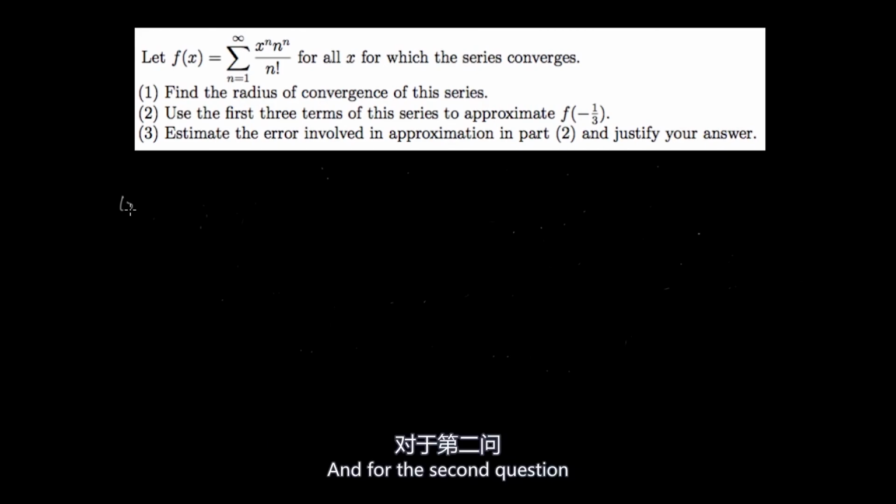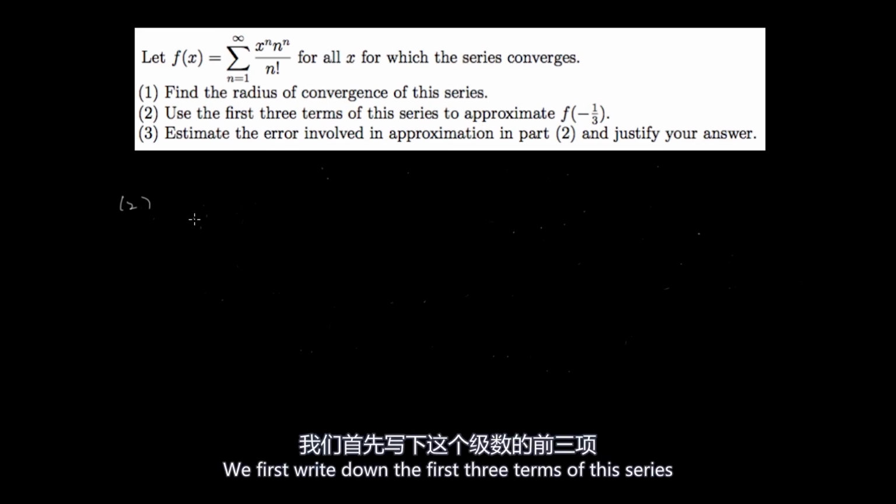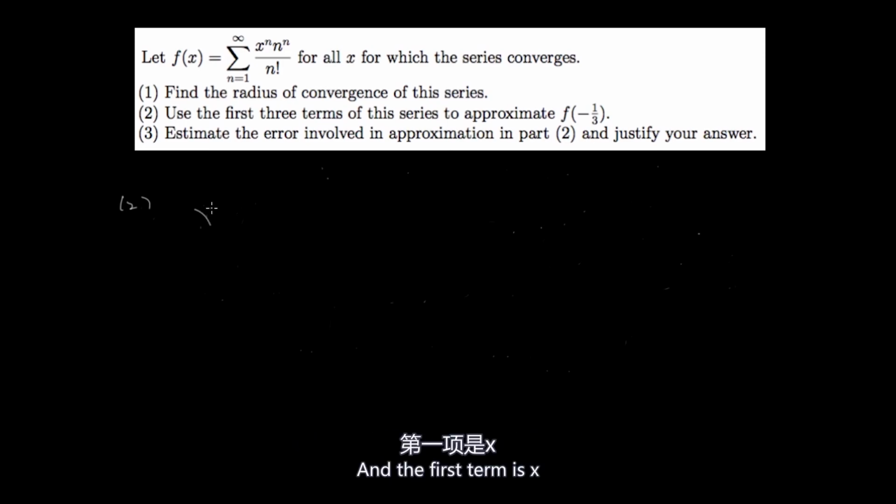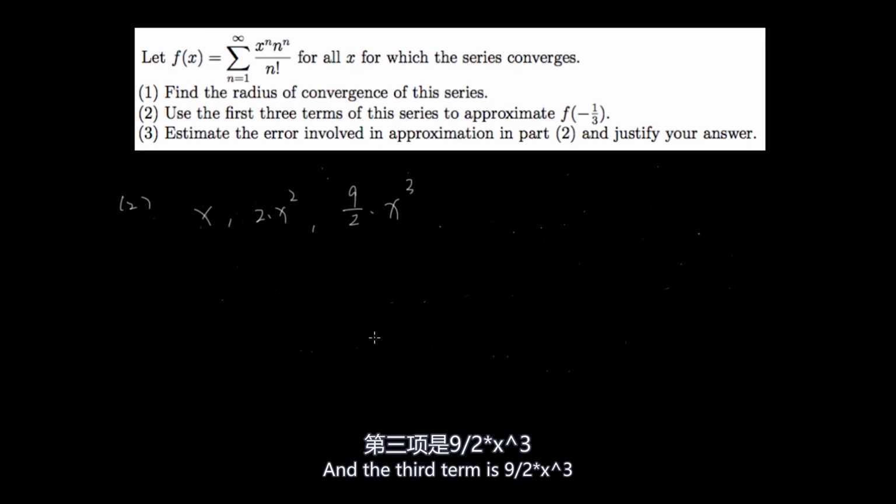And for the second question, we first write down the first 3 terms of this series. And the first term is x, and the second term is 2 times x squared, and the third term is 9 over 2 times x to the power of 3.